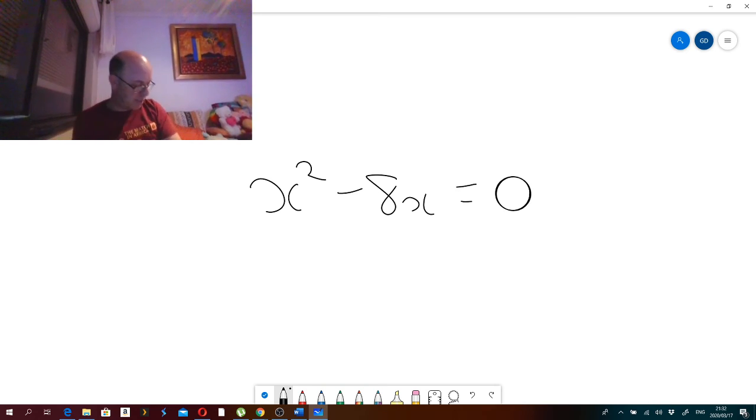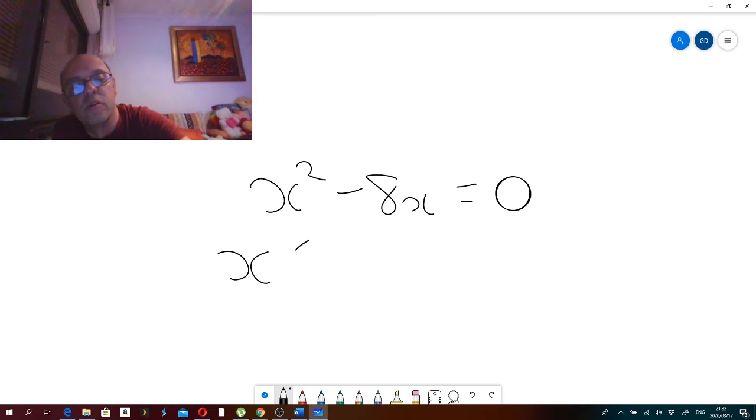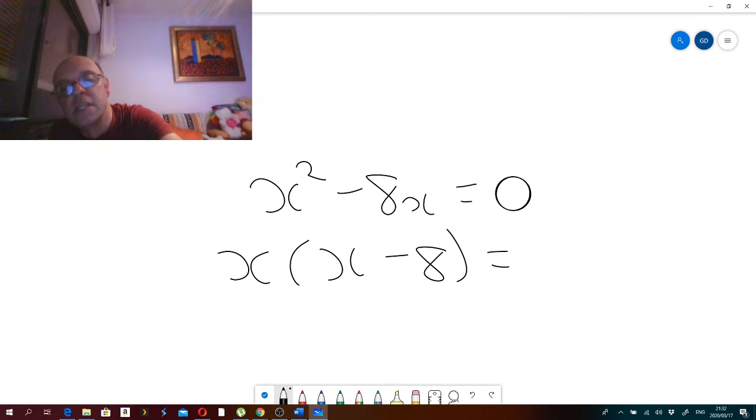Now in this case, we have an expression where there's no constant term, so we don't have a trinomial. But what is one of the rules that we always apply when looking at any algebraic expression or equation? We ask, can we factorize? And here, the simple way of factorizing is to take out a common factor, because there's an x in both terms. So if we did that, we'd end up with this line.